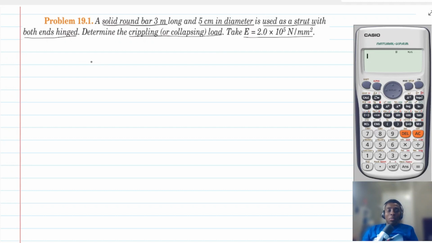Think about this solid round bar as having this length over here, and it's given by L. Let me just write the values.